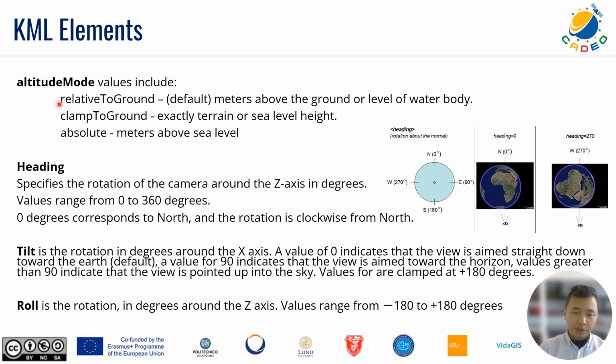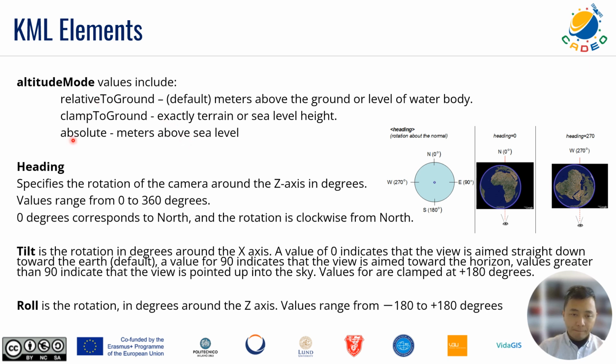So that option is relative to ground. The other options you can choose are clamp to ground or the absolute option. With the clamp to ground option, the altitude is exactly at the height of the terrain or sea level. And the absolute option is the height in meters above sea level.